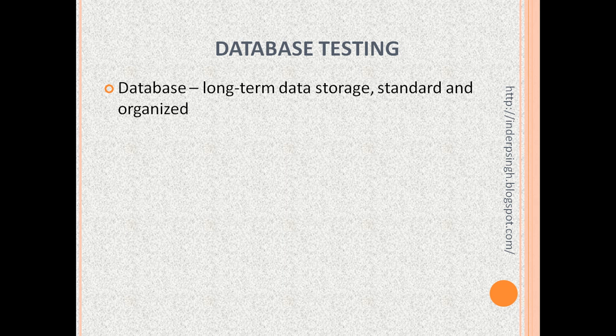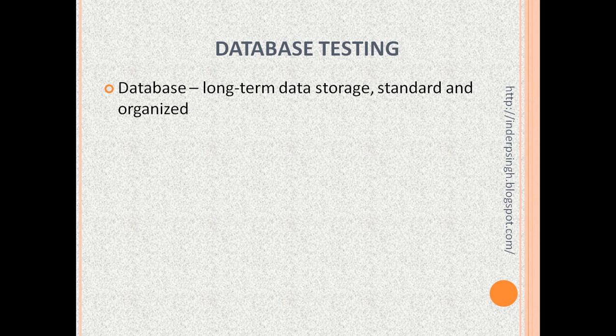Also, database means that it is a standard form of storage. In a relational database management system, the data is stored in tables. And if you understand the concept of tables, then you can look at the database and see how it is organized and understand how the data is stored in the different tables, and you'll be able to test it.